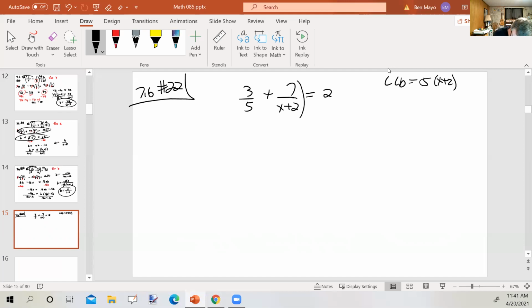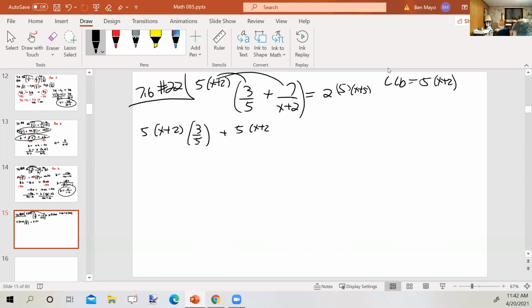Yes. All right, so we've got 5 times x plus 2, and over here, 5 times x plus 2. So distributing 5 times x plus 2 times 3/5 plus 5 times x plus 2 times 7 over x plus 2 equals, see, 2 times 5 would be 10.